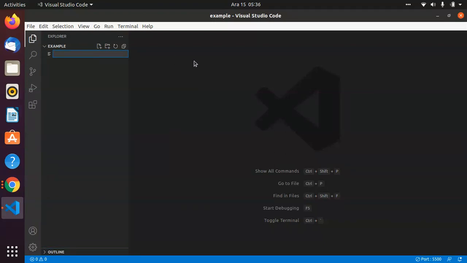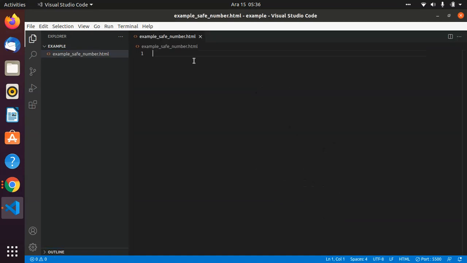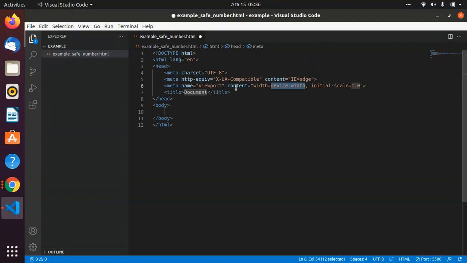We can create here one HTML file, and we can work on the HTML file with JavaScript because I want to show the example with JavaScript, okay? I will name it example save number dot html. Now we say HTML5. Okay.